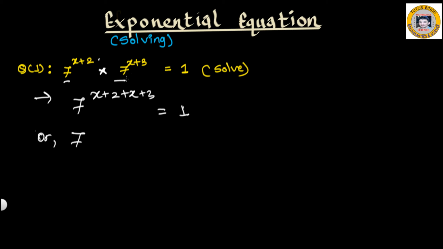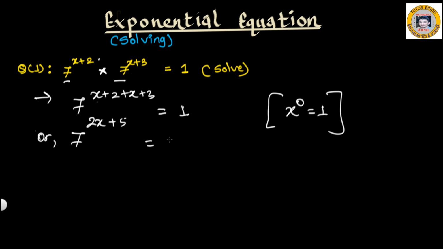This will be 7 to the power 2x plus 5, because x plus x is 2x, whereas 2 plus 3 is 5, equals, as I told just earlier, anything raised to the power 0 is 1. Any variable or any number which is raised to the power 0 is equal to 1.